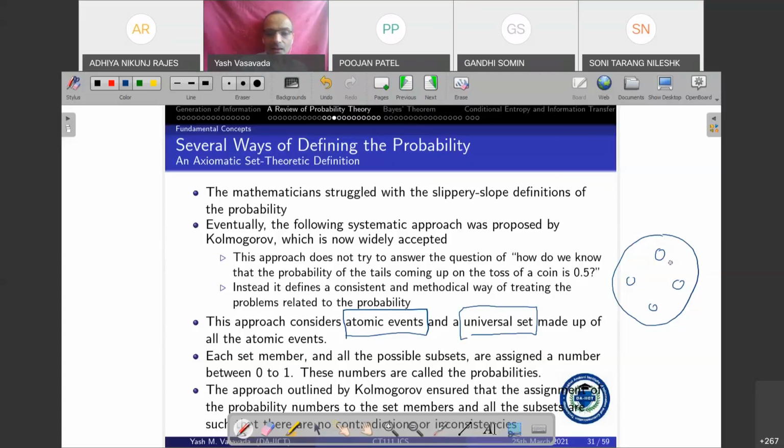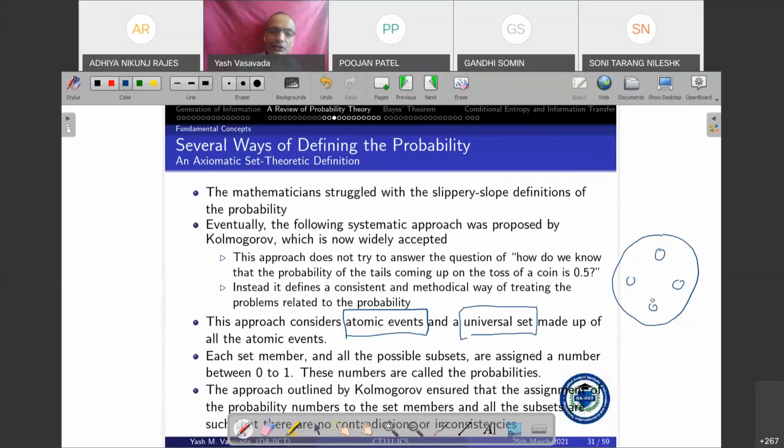Right? So he said that there are going to be 16 events, out of which one event is actually the entire universal set. There's going to be another event in which none of these 4 atomic events happen. That is going to be called the null event.